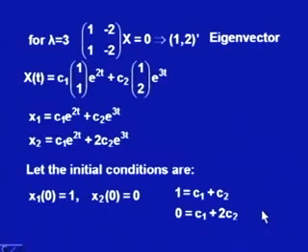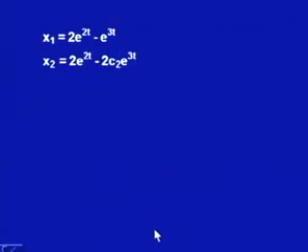These two equations can be solved easily, and the solution will be C1 is equal to 2 and C2 is equal to minus 1.